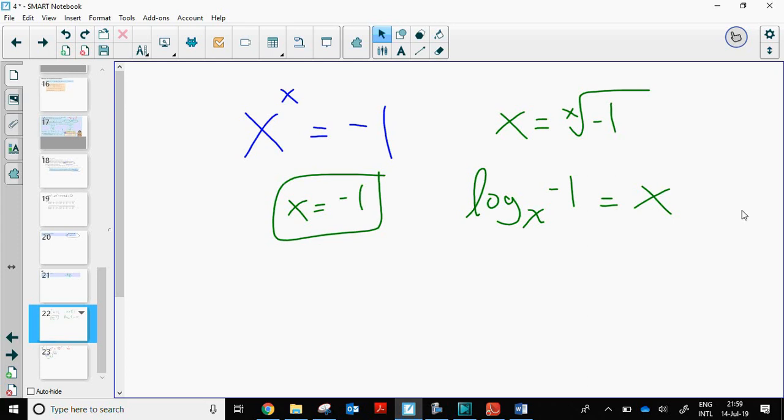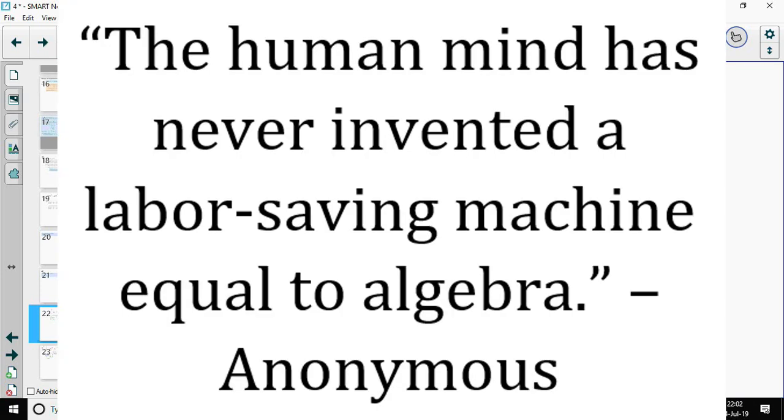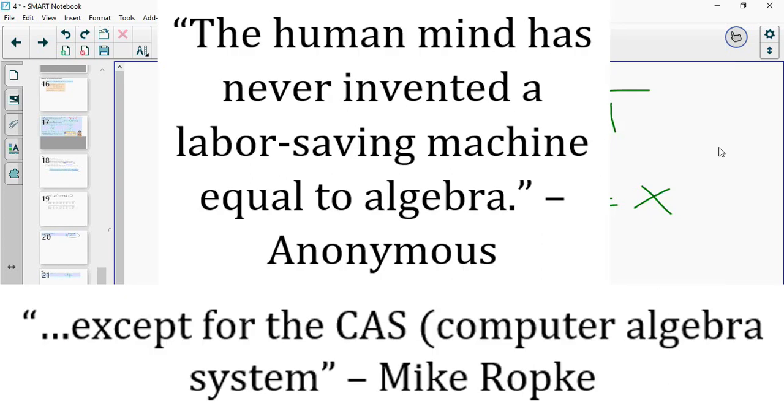Because technology is, as evidenced here, not always going to do the job. In fact, some might say, and indeed someone has said, although the web search for this quotation will turn it up as anonymous, the human mind has never invented a labor-saving machine equal to algebra. Except for the CAS.